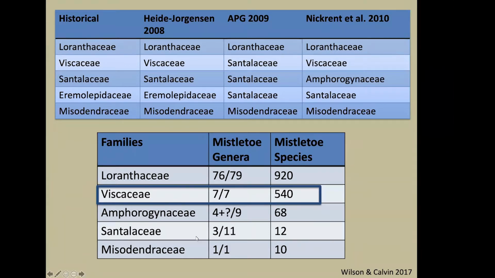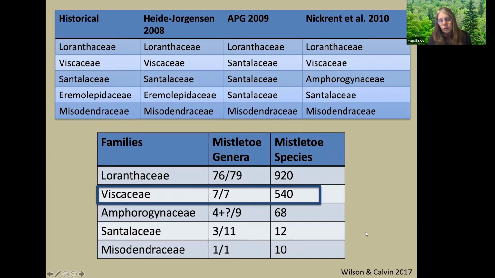If you look at the families themselves, they have some different trends. The Loranthaceae is striking in the number of genera that it has, and most of those genera are rather small when you compare the number of species to the number of genera.